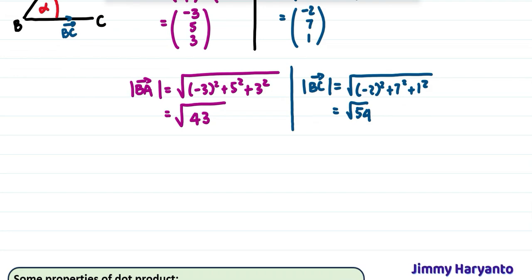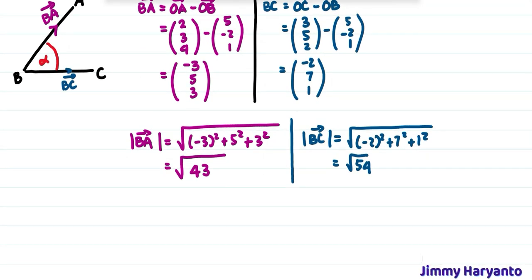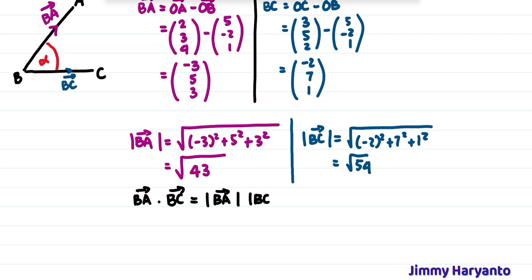Next is to use the formula to find the angle. The question wants you to find the angle, right? So the formula will be vector BA dot vector BC equals the length of BA times the length of BC times cos alpha.